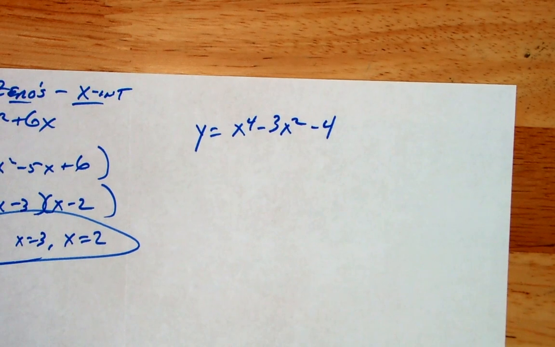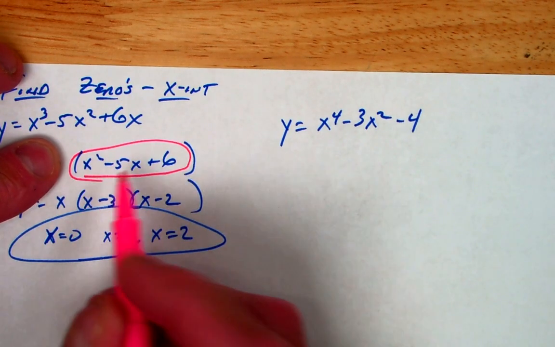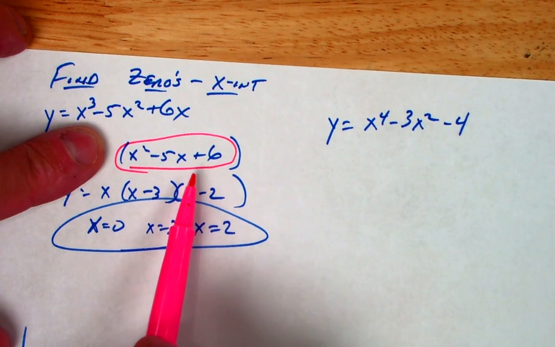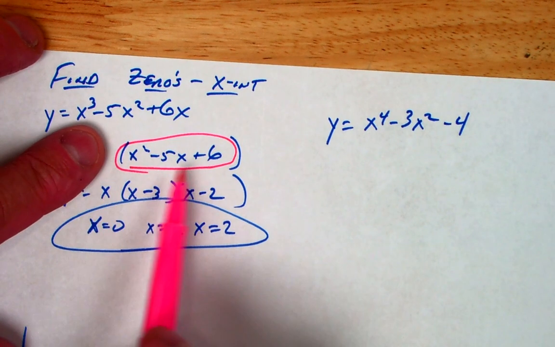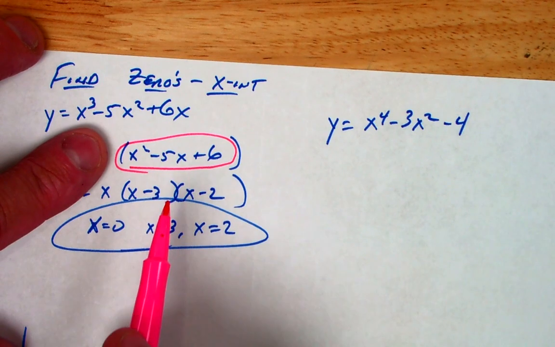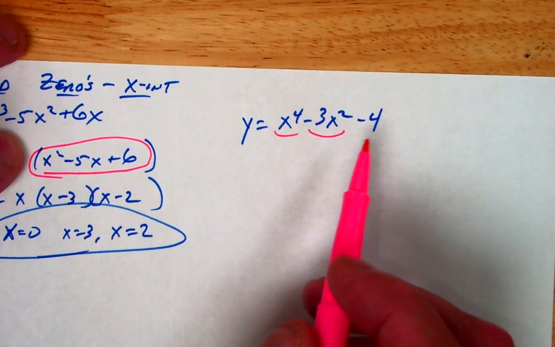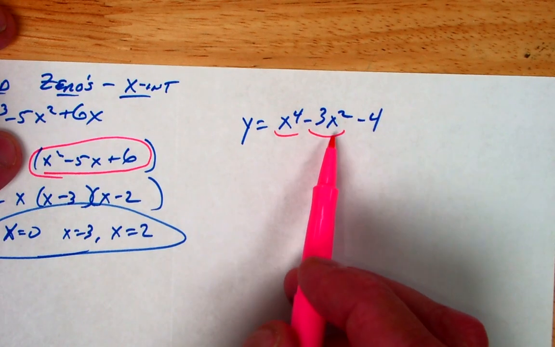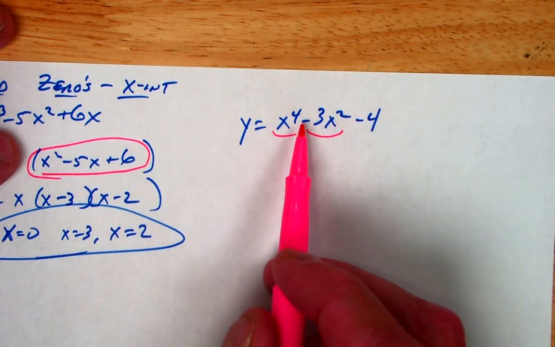Okay, now, hey, see this over here? This is a quadratic form. A number, something, and that something squared. We have a number, we got something, x squared, and what's x squared squared? x to the fourth.